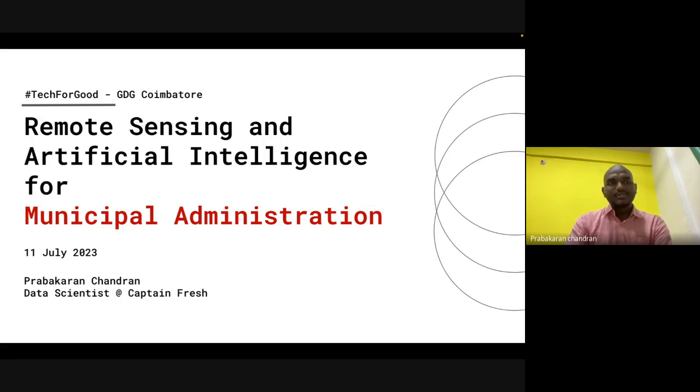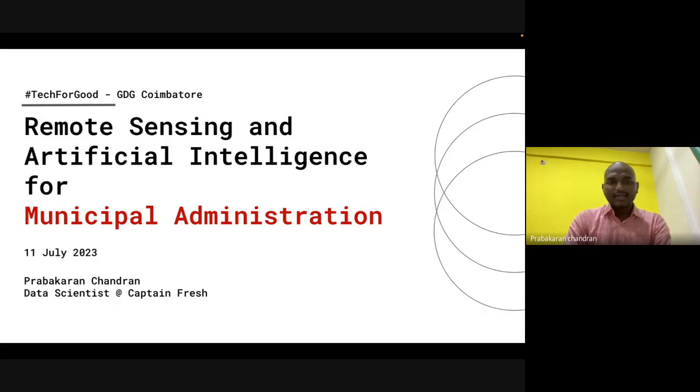So, with respect to this Tech for Good Coimbatore edition, I was thinking the problems will be around municipal administration or governance.